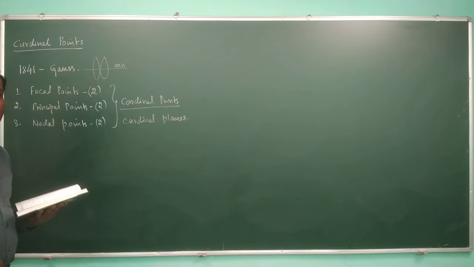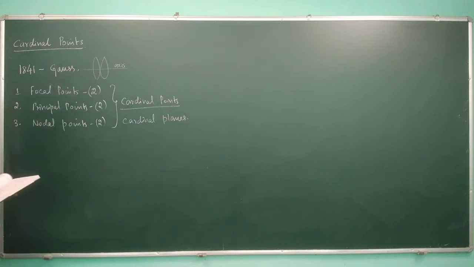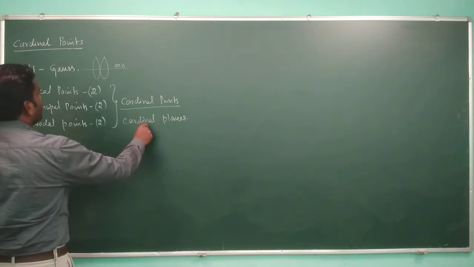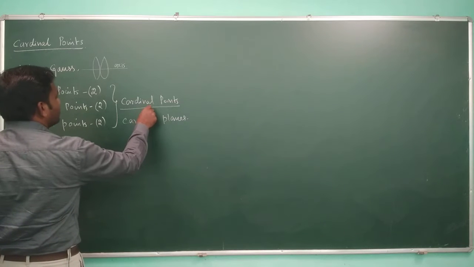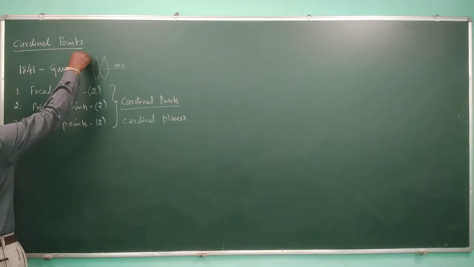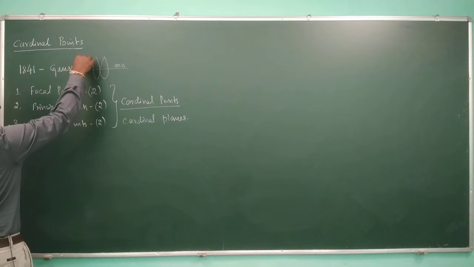You will understand clearly once we draw the diagram. Generally, we draw the planes once we identify the points. Suppose we identify a point here, and if we draw a perpendicular line towards the optical axis, this forms a plane.